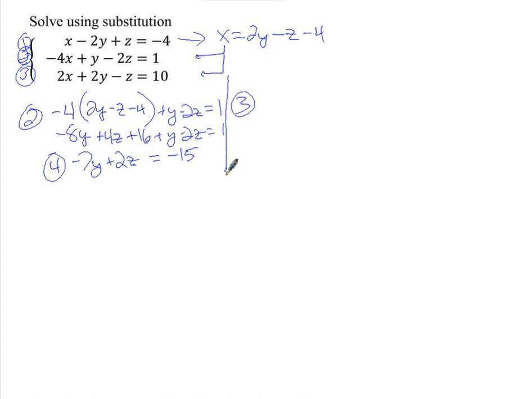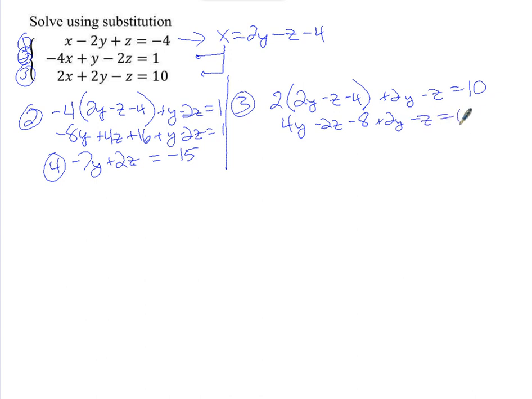That's okay. Equation 3, same thing. 2 times x, which is 2y minus z minus 4. And then finish off the equation. Plus 2y minus z equals 10. Simplify. Distribute. 4y minus 2z minus 8 plus 2y minus z equals 10.